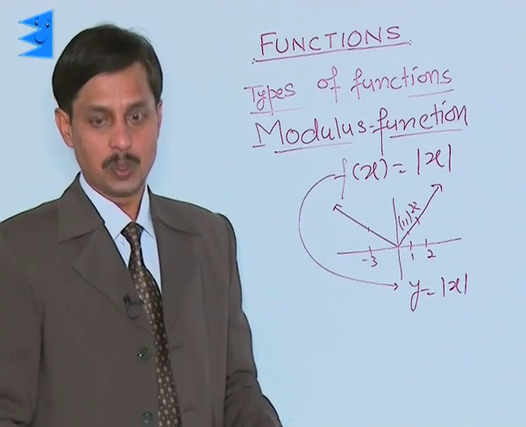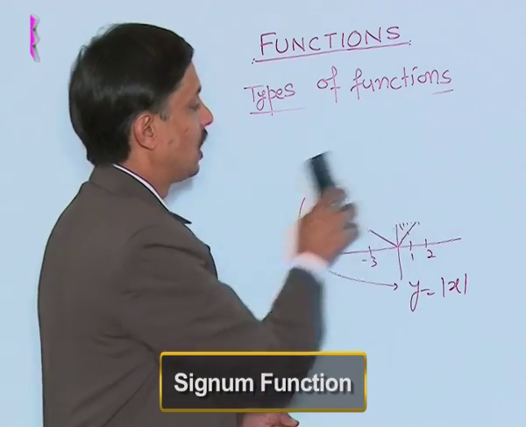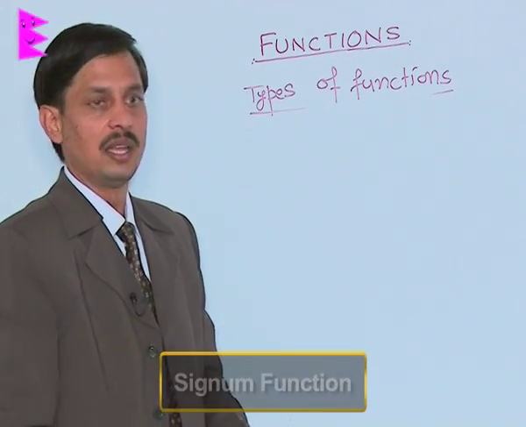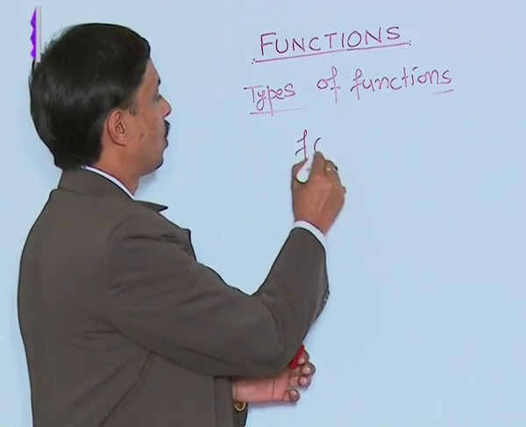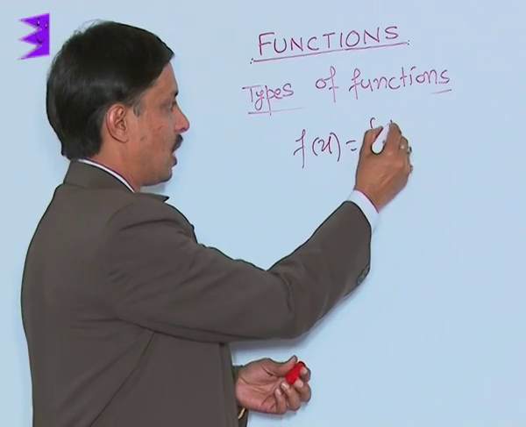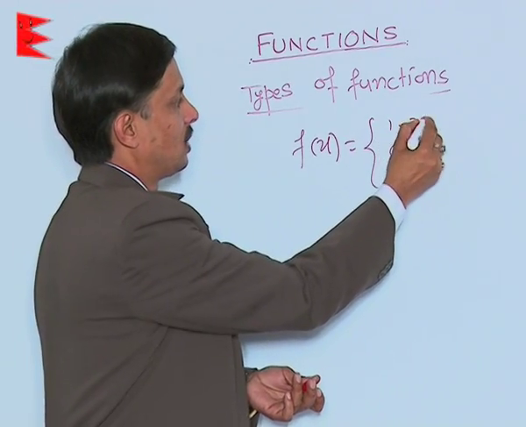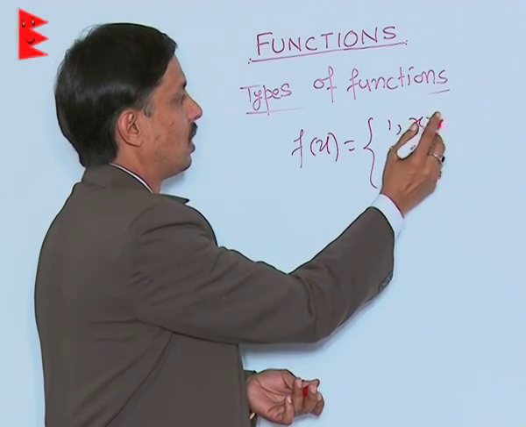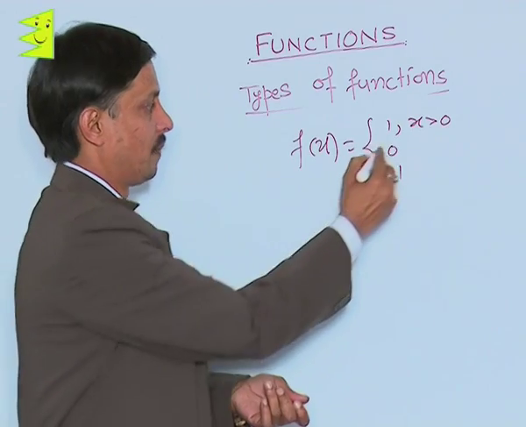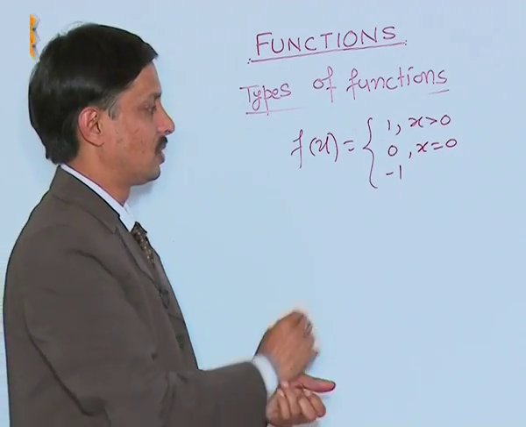Next, I can explain what a Signum function is. The Signum function is very simple. You can see that f(x) is fixed to three values: 1, 0, minus 1. If x is greater than 0, it is always 1. If x is equal to 0, the value of the Signum function is 0.